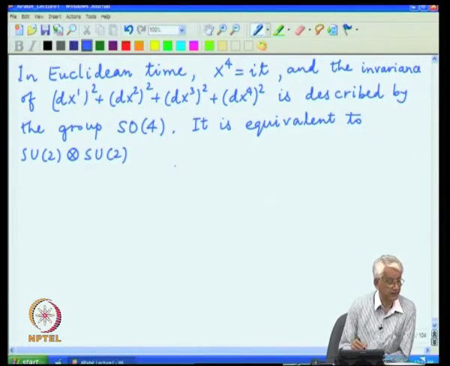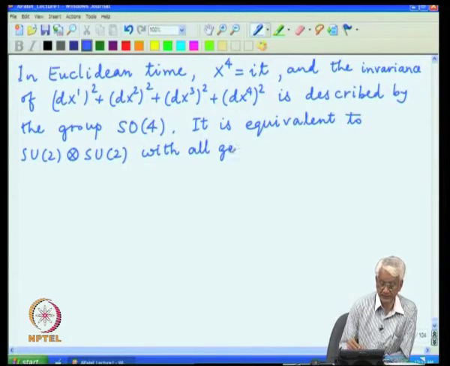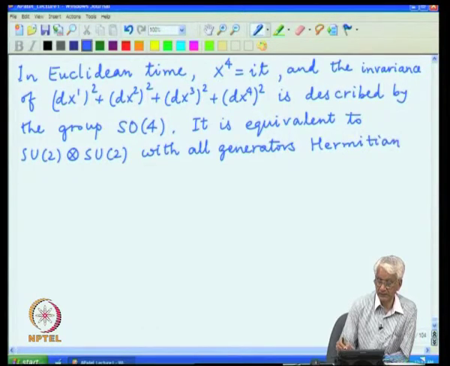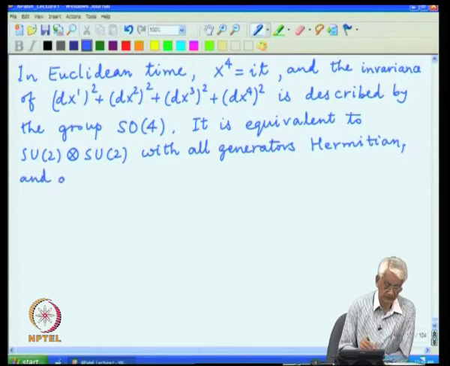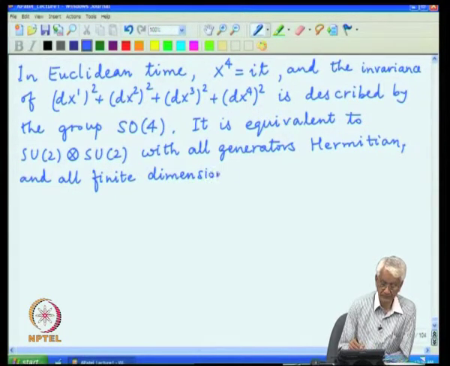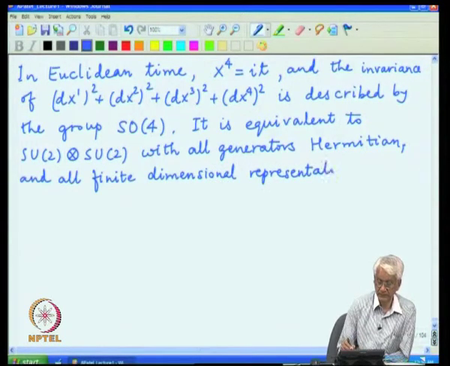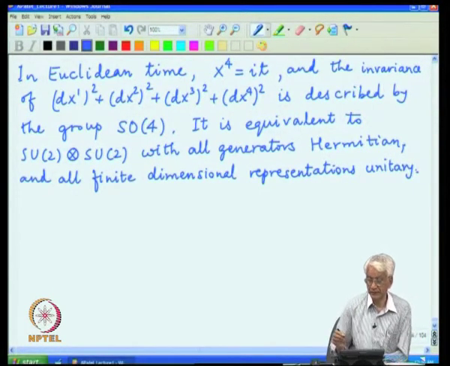So, this is equivalent to the group SU2 cross SU2 with all generators Hermitian and all finite dimensional representations unitary.